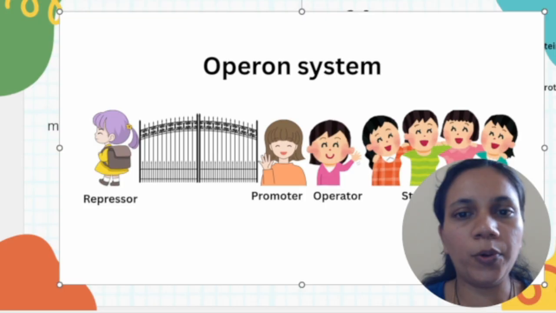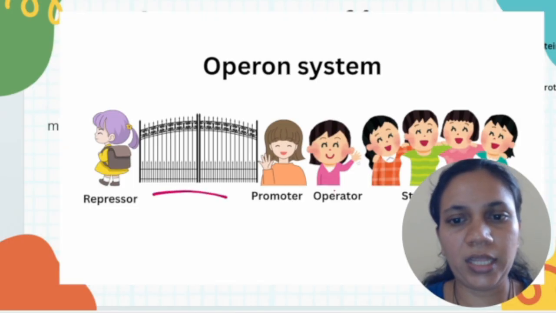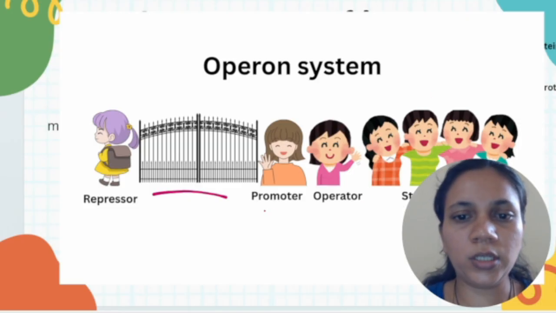Now, to understand this operon system, see here there is a girl who has turned her face away from all these other girls. Then there is a gate which needs to be opened. Here there are some friendly girls around. The first one is the promoter, saying hi.